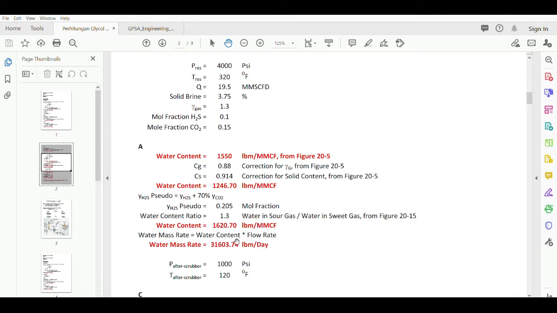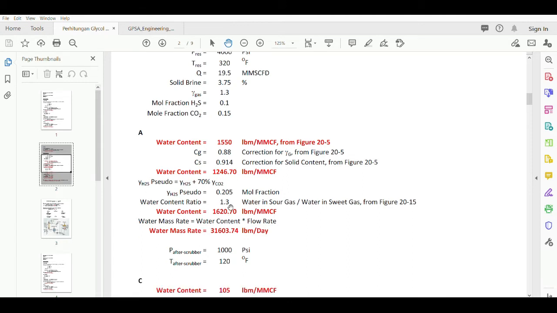Okay, so the water mass rate is this water content multiplied by the flow rate, so it becomes a mass rate. This is the mass coming to the scrubber. After the scrubber, the pressure becomes lower, and also the temperature becomes lower.